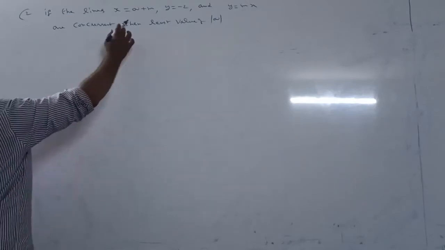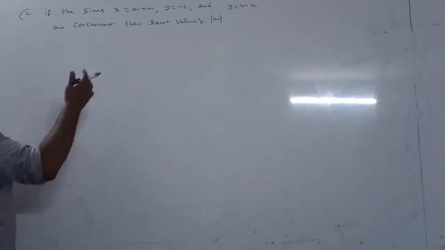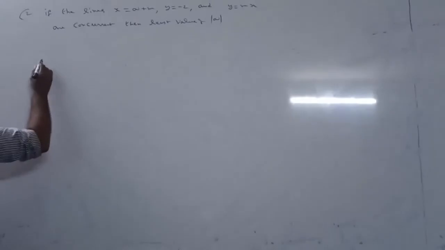In this question, they have given 3 lines which are concurrent. We find out the least value of modulus a.